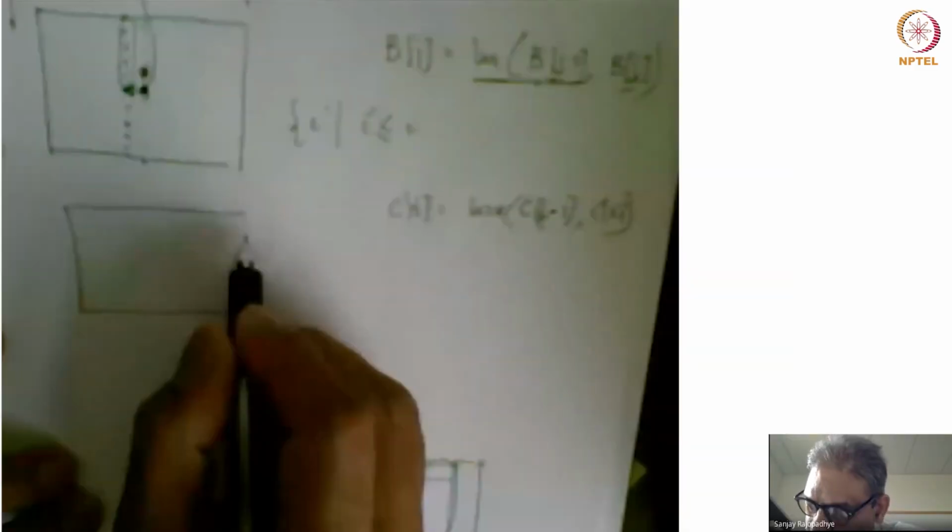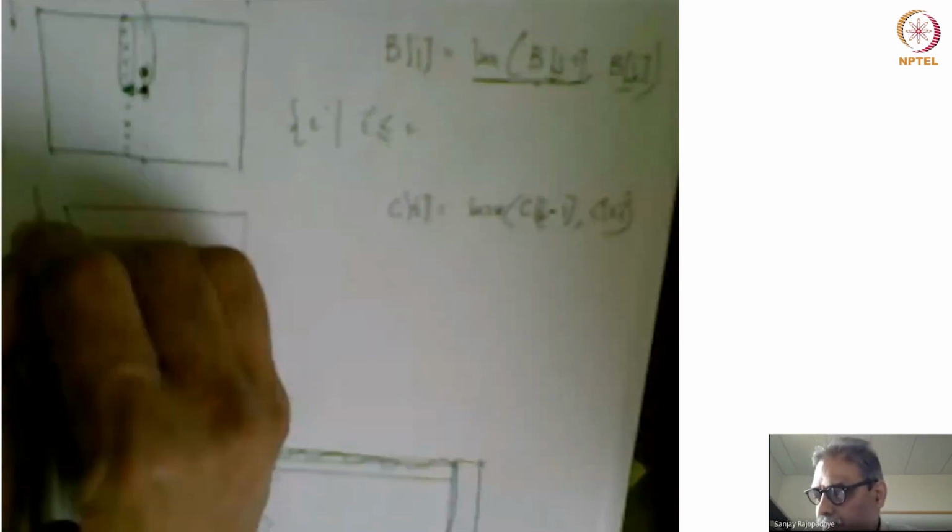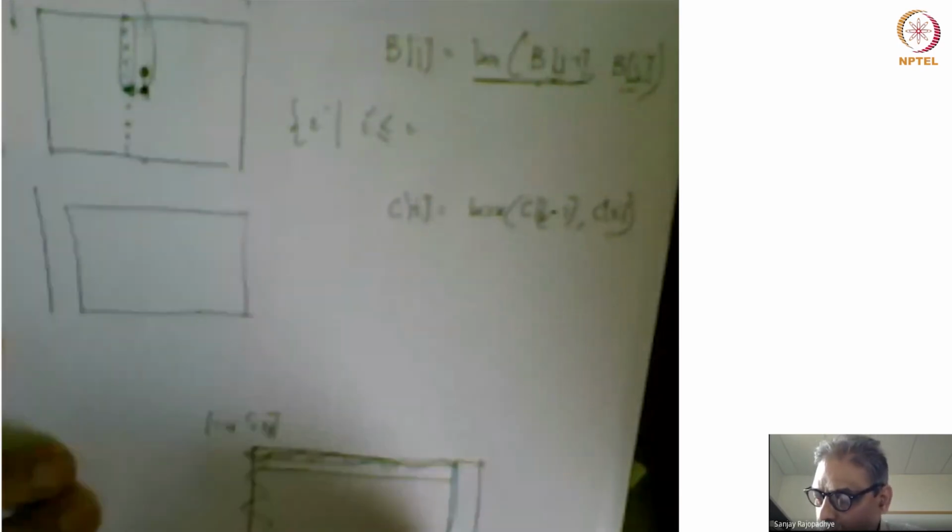So now in the third example, we are accessing the array C, and that function is C[i-1] and C[i]. Let me either change color or draw a different picture. Let me draw a different rectangle. And now my data space is like this, right? So I ask you the same question.